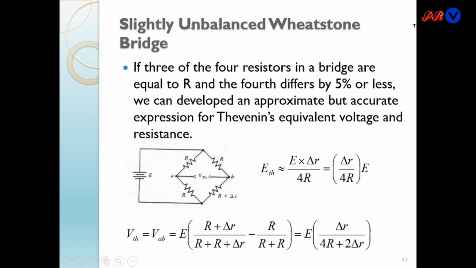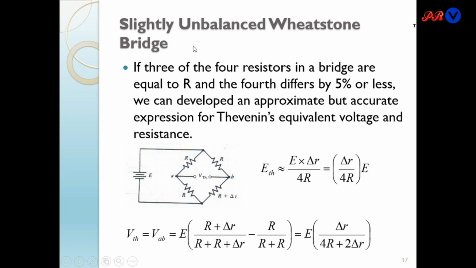Now we will see what happens when there is a slightly unbalanced condition in the Wheatstone bridge. If 3 of the 4 resistors in a bridge are equal to R and the fourth differs by 5% or less, we can develop an approximate but accurate expression for Thevenin's equivalent voltage and resistance.